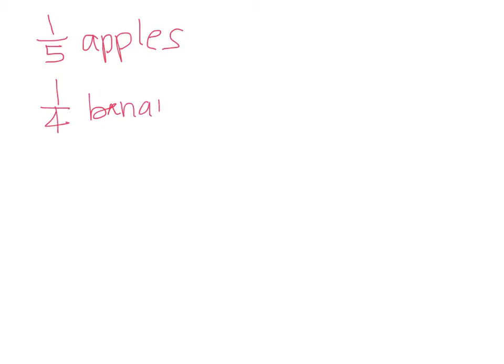Okay. So when asked to name their favorite fruit, 1/5 of the students in Ethan's class chose apples, and 1/4 of the students chose bananas. What fraction of the students surveyed chose apples or bananas?